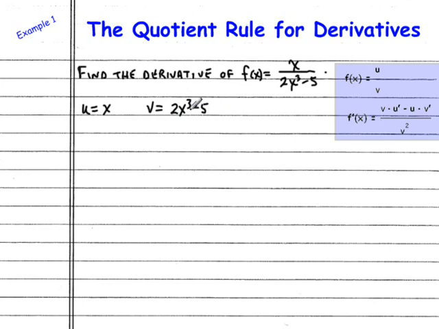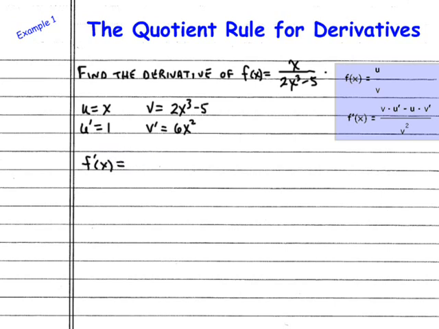Now, as I mentioned, we're going to need the derivatives of each of these, and so u prime, the derivative of x, is simply 1. And v prime, which is the derivative of the denominator, is simply 6x squared. Now we can use this information to put into the quotient rule formula. So we're looking for f prime of x.